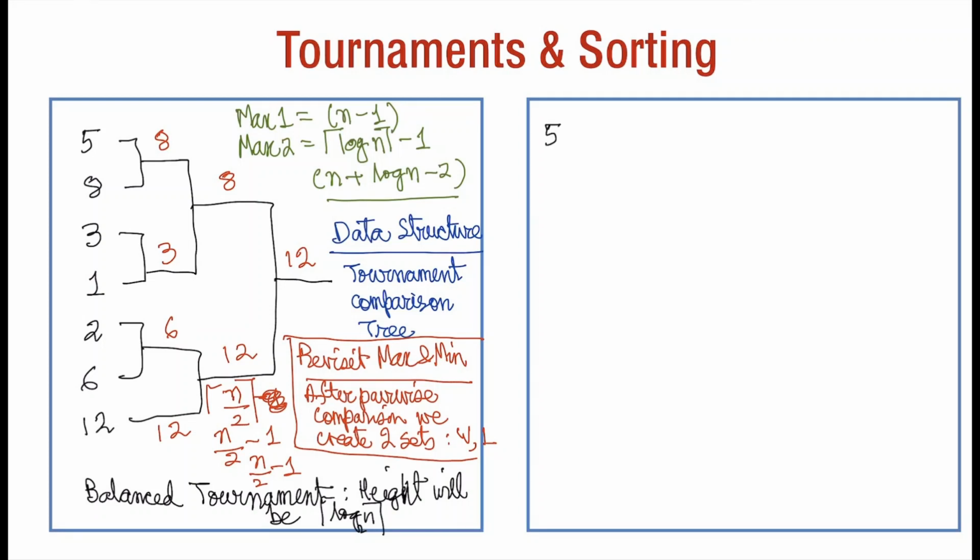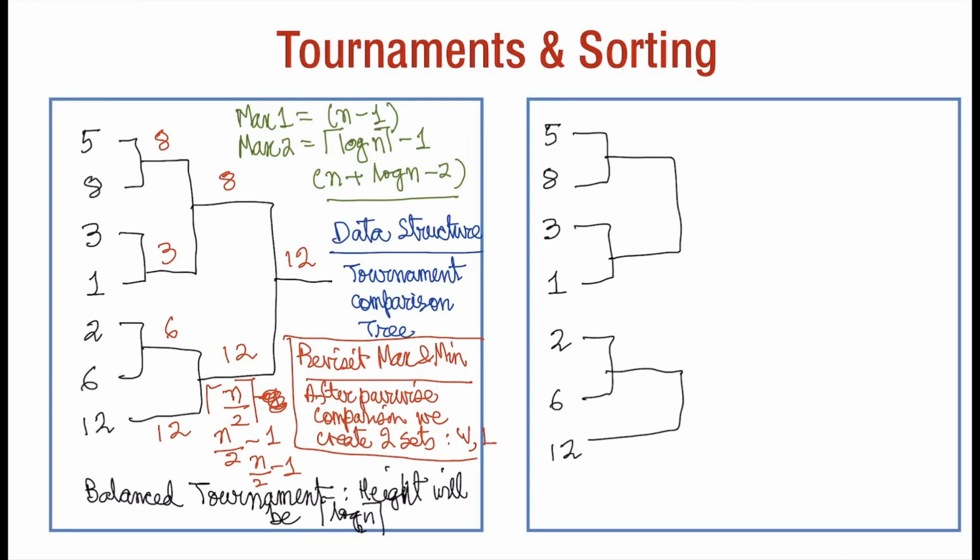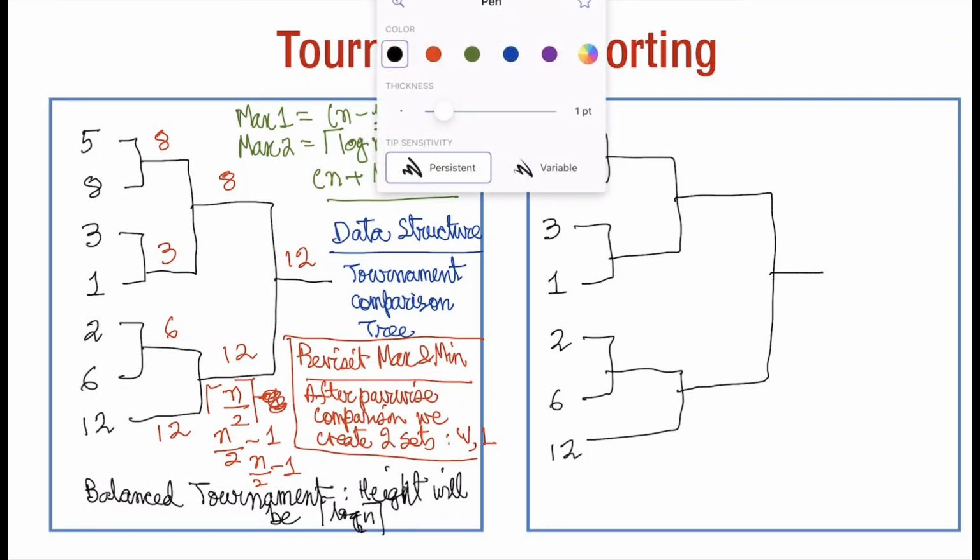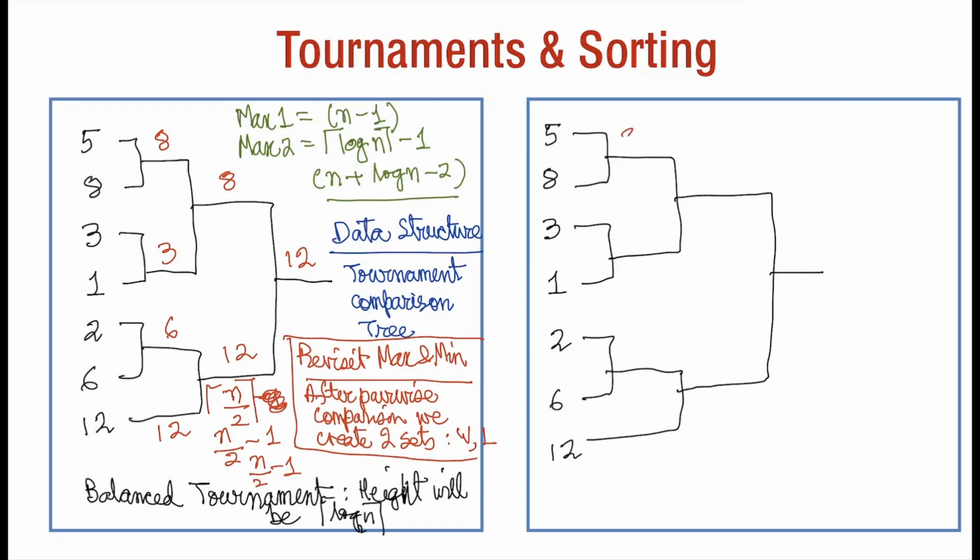So let us redraw it again. We redraw this comparison structure, and typically we try to redraw this balanced comparison structure, because we have seen that this balanced comparison structure has enabled us to find the largest element in its optimal number of steps, and the second largest element again in the optimal number of steps.